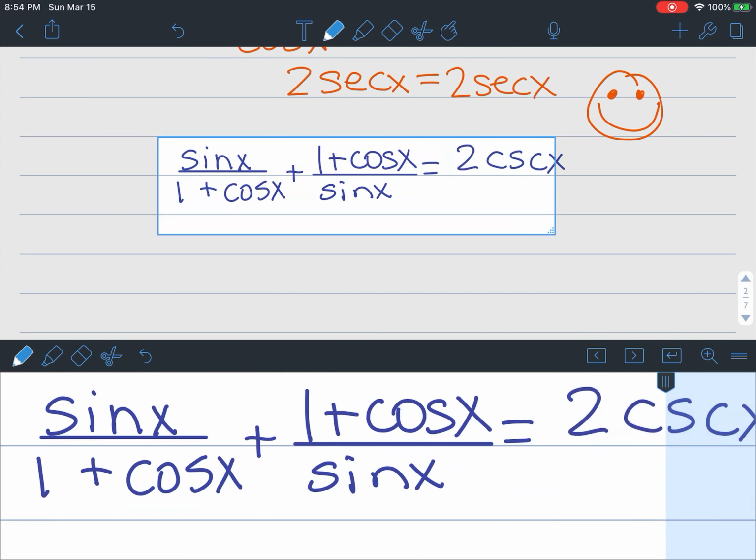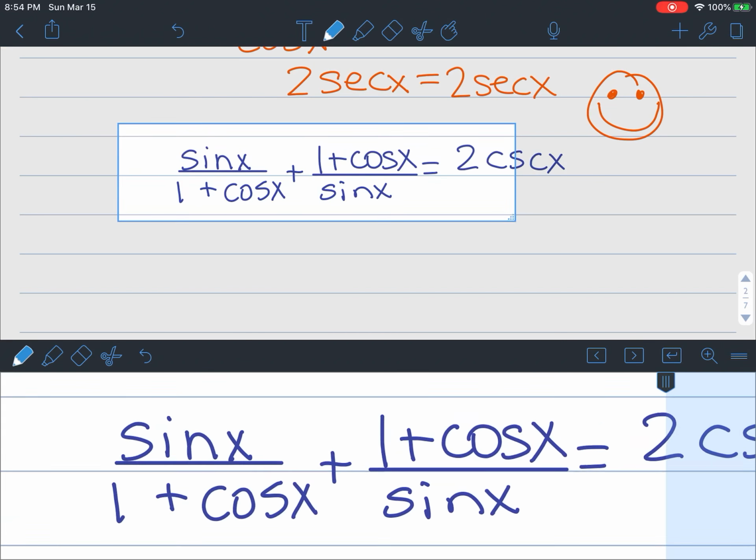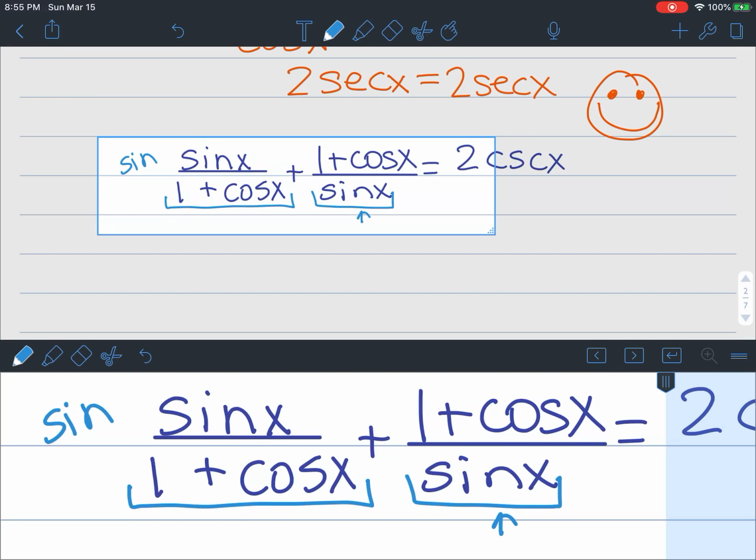Okay, so let's look here. I'm going to have to get a common denominator, and these denominators have nothing in common. The first fraction has 1 plus cosine x on the bottom, and the second fraction has sine x on the bottom. So I'm going to take this sine x and multiply the top and bottom of this first fraction by sine x.